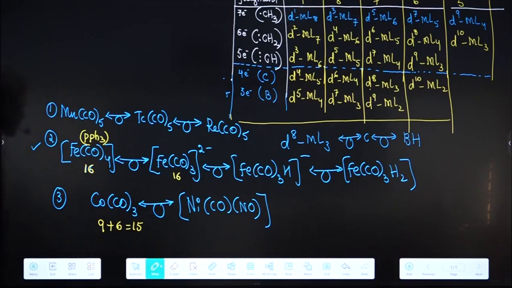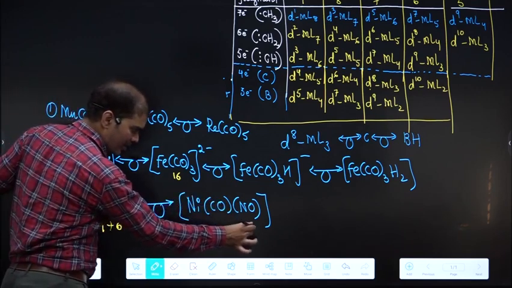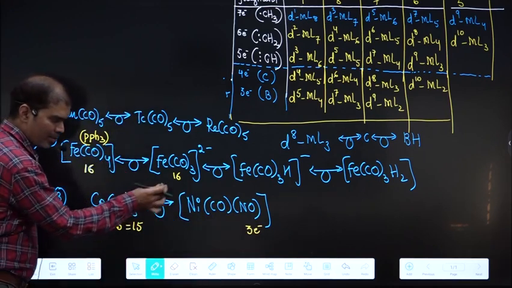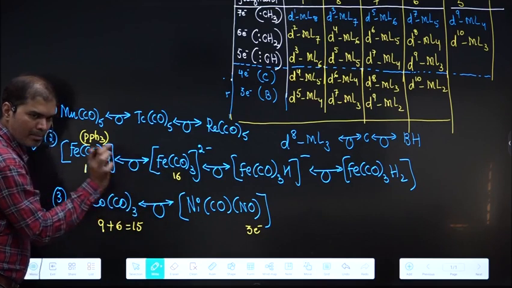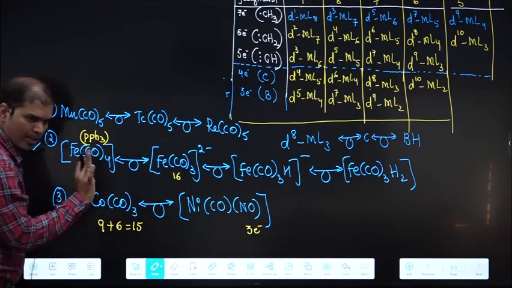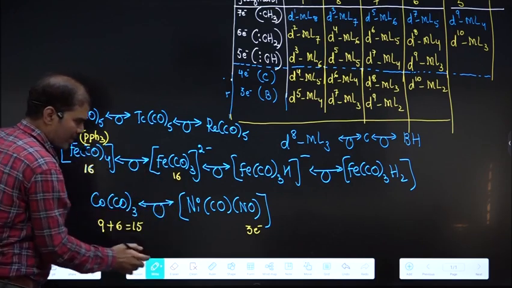Next one, if I take a CoCO3, how many electron system is it? 15 electron system. In general, in organometallic chemistry, a nitrosyl is considered as a 3 electron donor. So I can replace a carbonyl with a nitrosyl by a proper charge replacement. Suppose I take 2 carbonyls, 4 electrons, and I replace them with a nitrosyl, 3 electrons. Then how many electron system is it becoming?